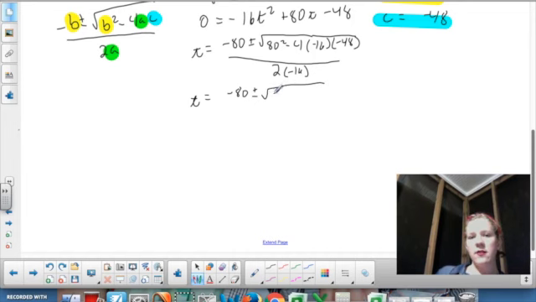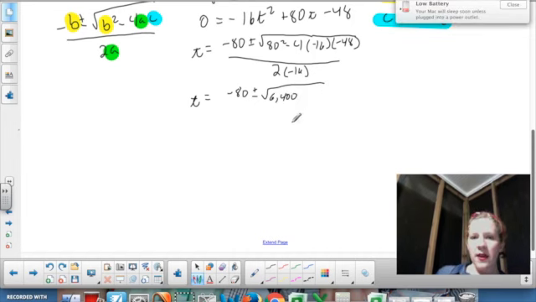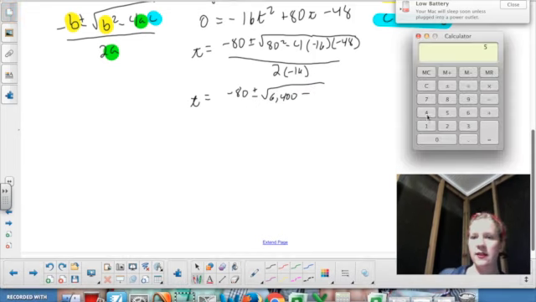80 squared is 6,400. And then minus, I'm going to pull up a calculator for this, 4 times 16 times 48 is 3,072. Let's make sure that's right. 4 times 16 times 48, yep, is 3,072.